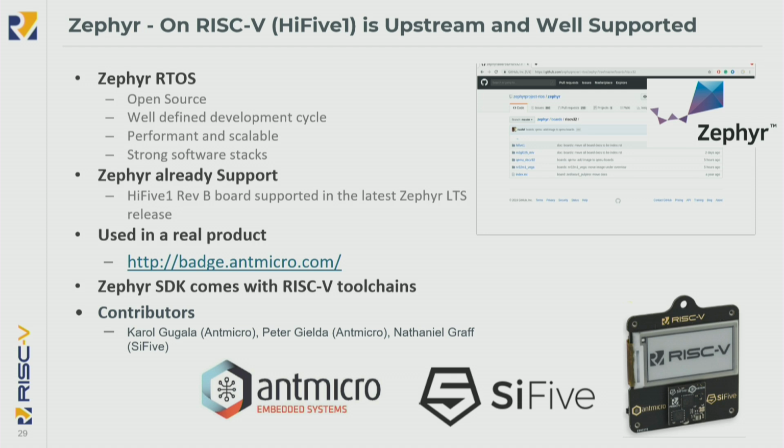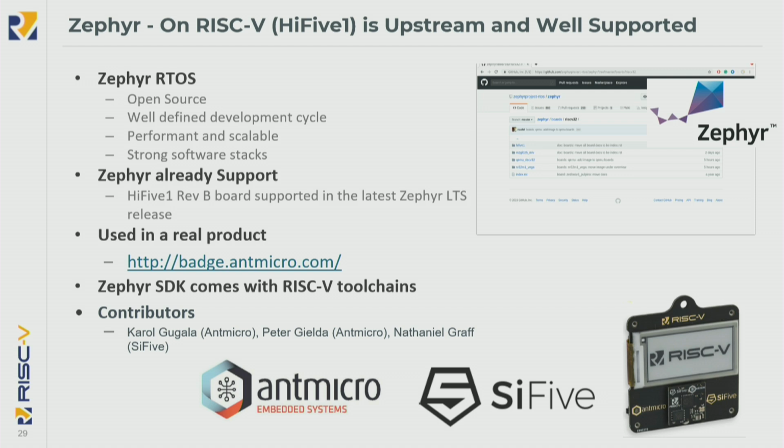Zephyr is another embedded OS, and it is open source, and it is known for its well-defined development cycle, as well as performance, scalability, and strong software stack. They too support the HiFive1 RISC-V in their latest LTS release as well. And they also demonstrate that Zephyr, along with a RISC-V core, can be used in a real product, as in the case of the Nuclei board.